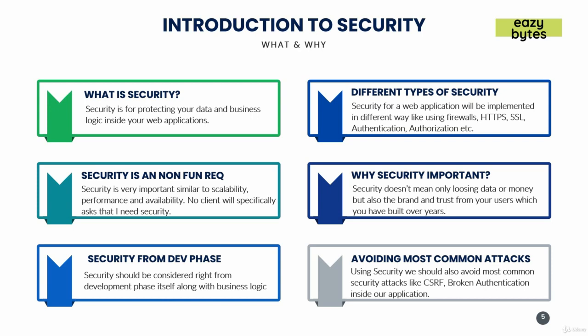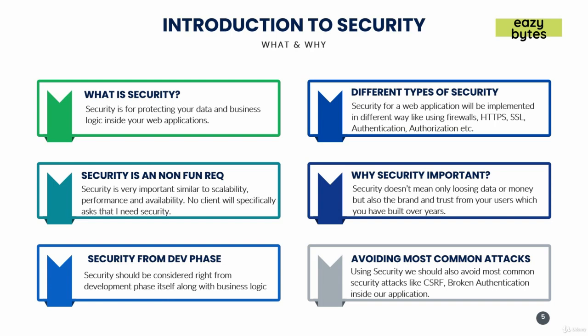If you ask me what exactly security is for any web application, I will answer anyone: security is for protecting your data that is staying inside your database or in the backend, along with whatever business logic you wrote inside your web applications. If you take any of our client applications which have JavaScript and HTML, anyone can see that code.